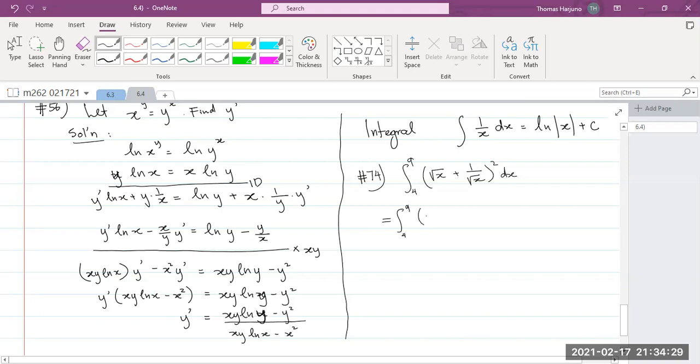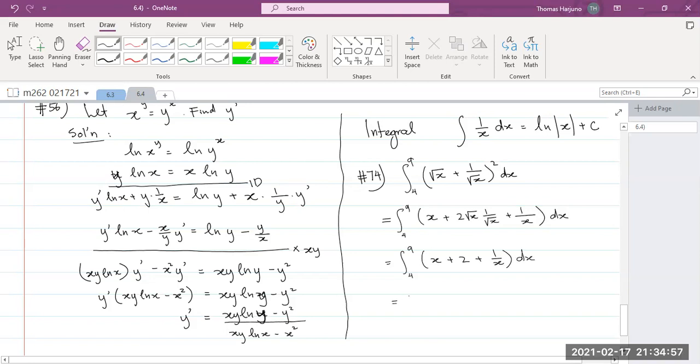The first term squared is x. The second term is 2 times a times b, plus b squared. Right? So this is the integral from 4 to 9 of x plus 2 plus 1 over x dx.